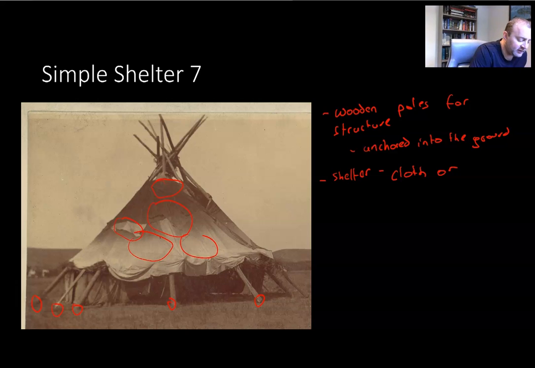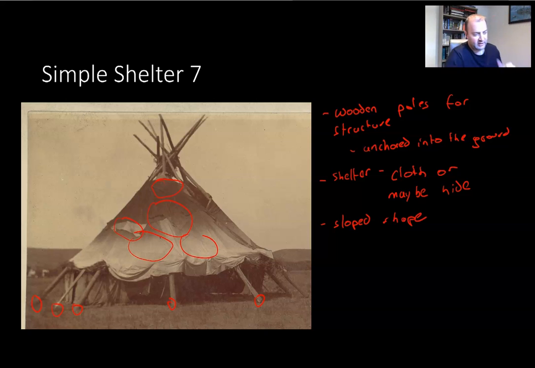It's not a bad guess. So maybe it's buffalo hide or other hide from other plains animals like deer or elk. So cloth or maybe hide. And then our shape, again, we do have this sloped shape that has come up a few times now. So we've seen that multiple times.